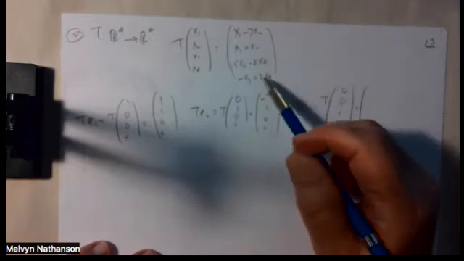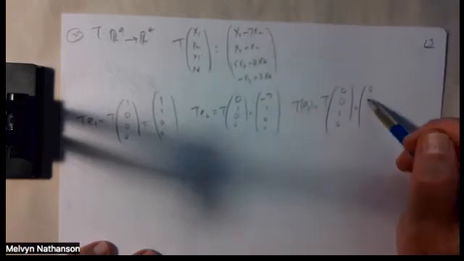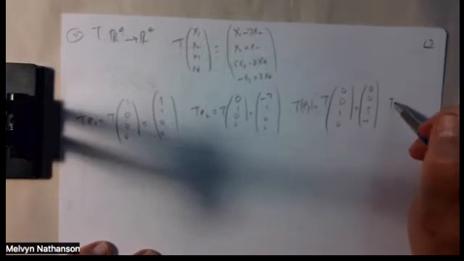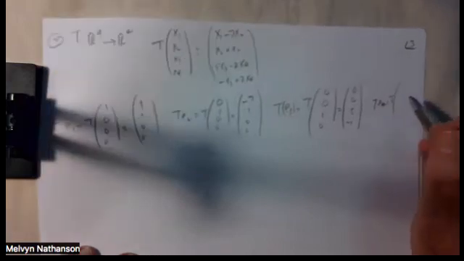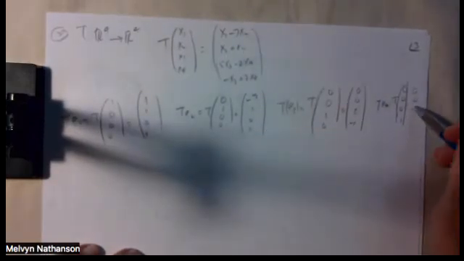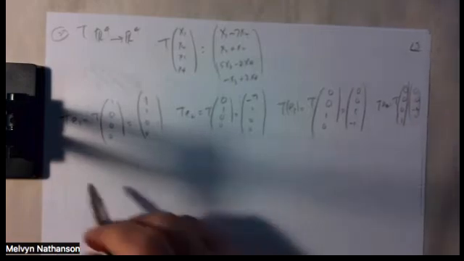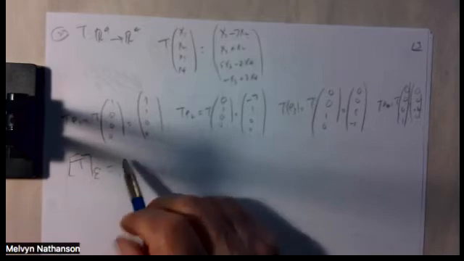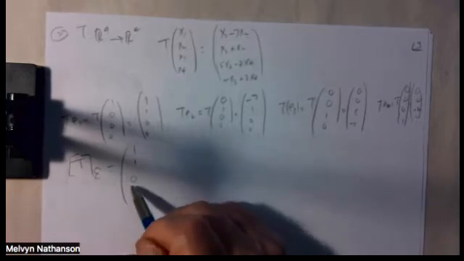So with x1, x2, and x4 are 0, you get 0, 0, 5, minus 1. And T of E4, which is T of 0, 0, 0, 1, you get 0, 0, minus 2, 2.